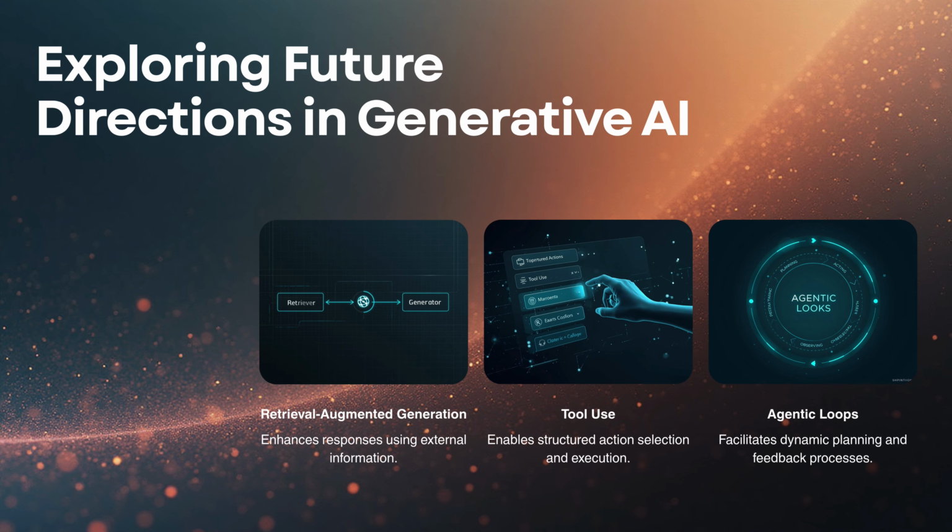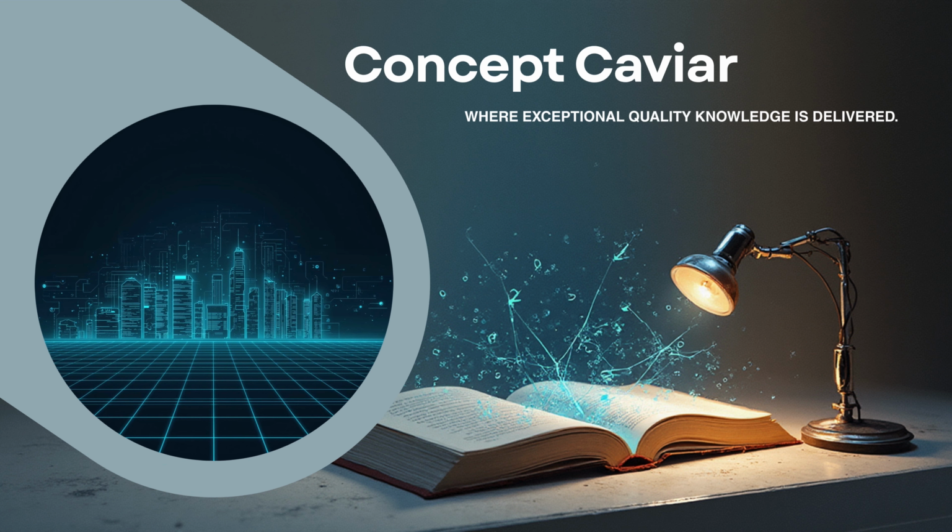Meanwhile, efficient, quantized models enable private, low-latency on-device inference. Together, these directions point to LLMs that are more factual, capable, and accessible. And that wraps up our deep dive into LLMs, attention, architecture, and everything in between.